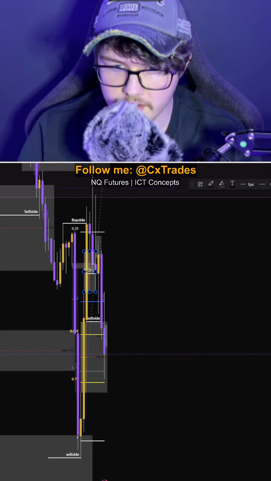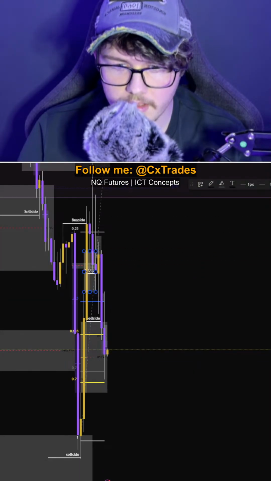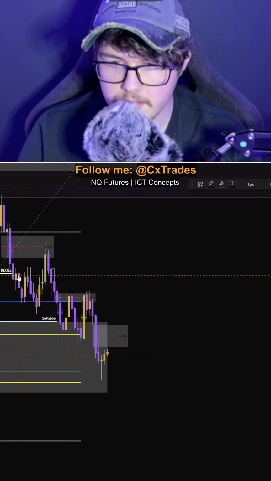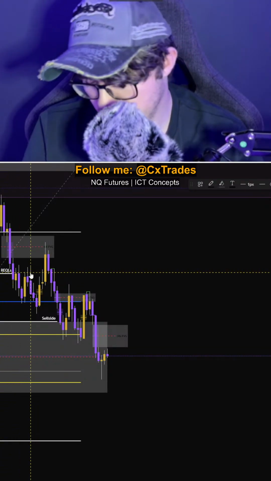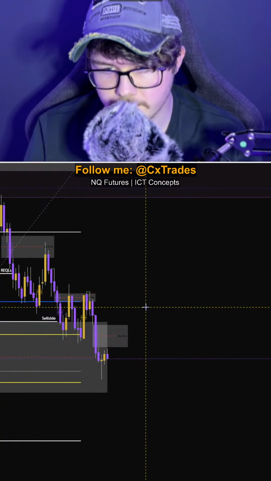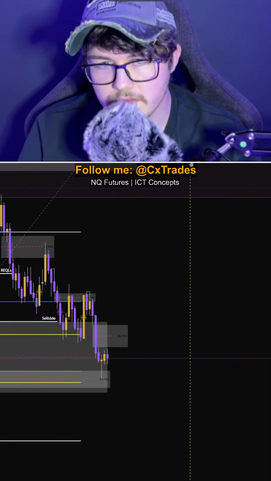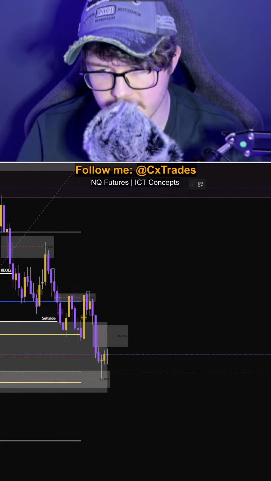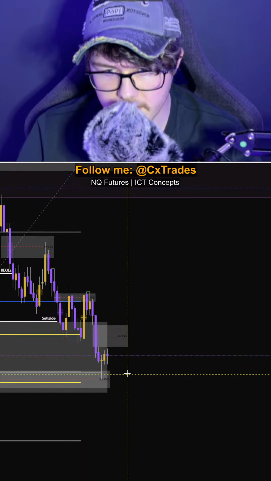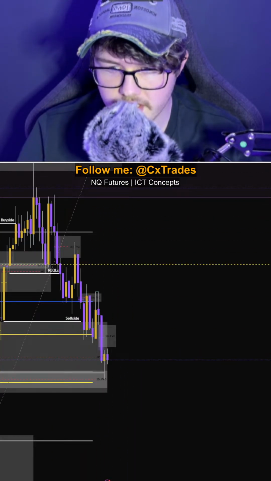So we have to be careful though, because we did invert the 5 a little bit higher up. We did sweep some sell side, not major, but did we fill every FVG in the range?